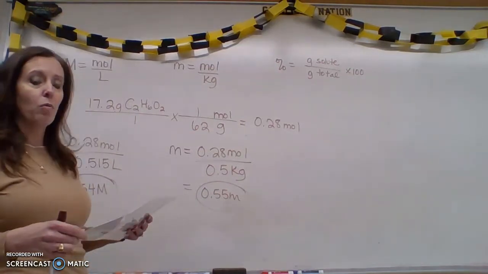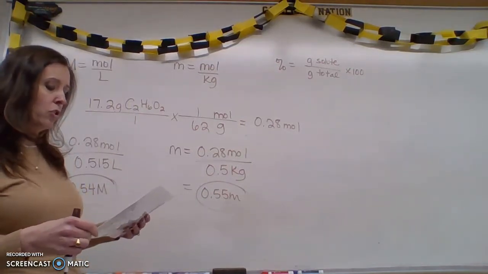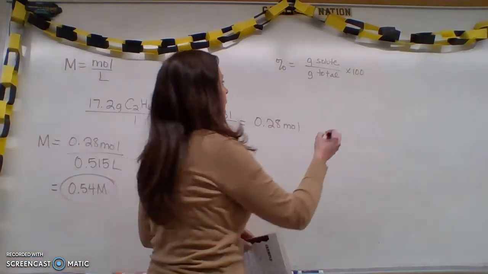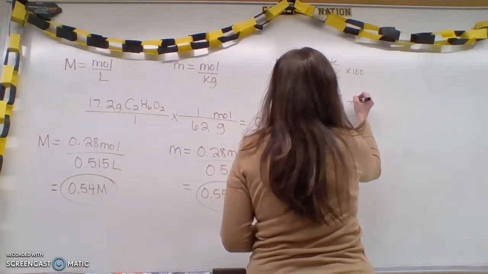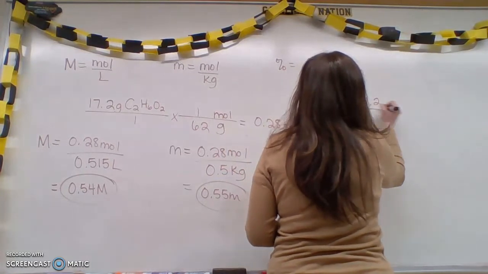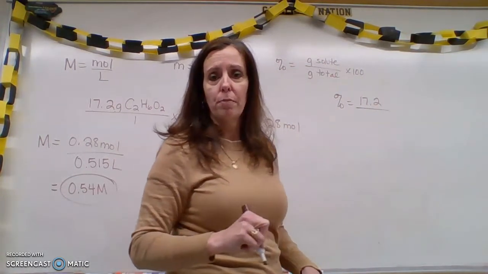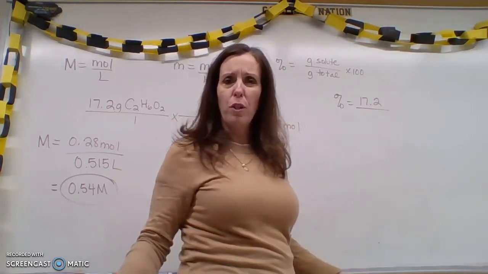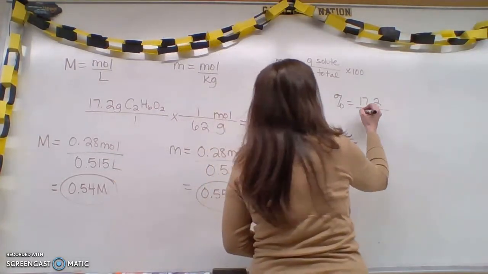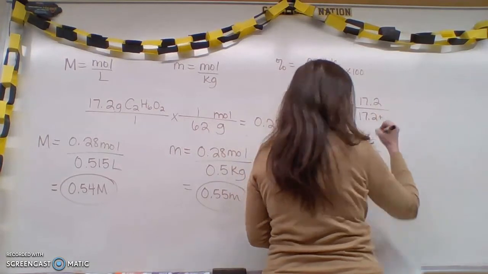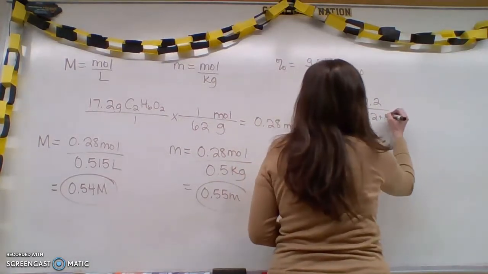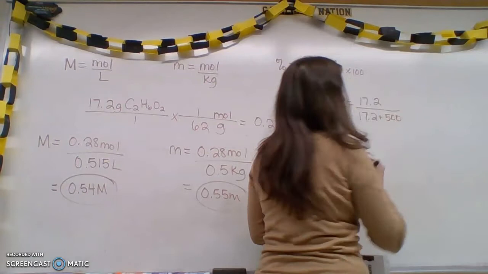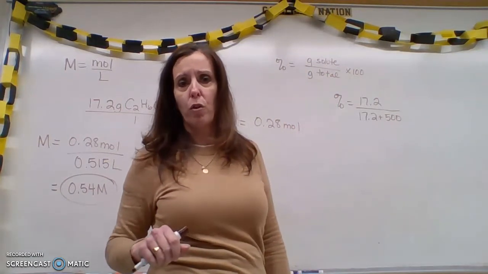And then the last thing we're going to do is weight percent. So I know that I have 17.2 grams of solute. All right, that's how the problem starts out. Okay, got to have it over the total grams of everything. So that's going to be 17.2, and it's going to be 500 grams of water. How did I get 500 grams?